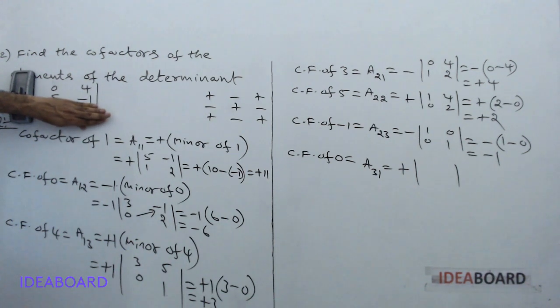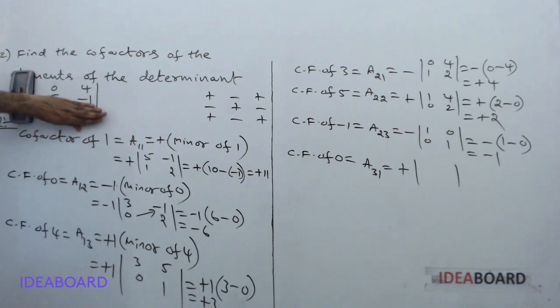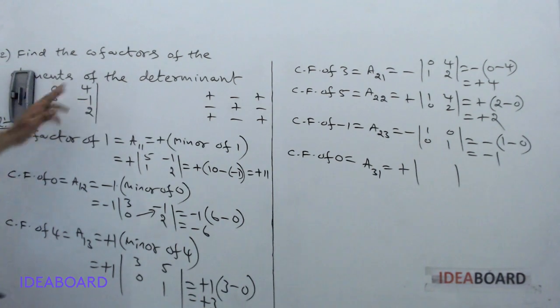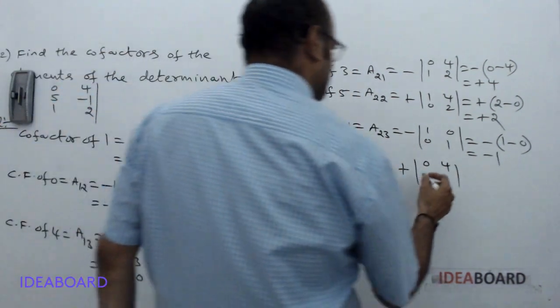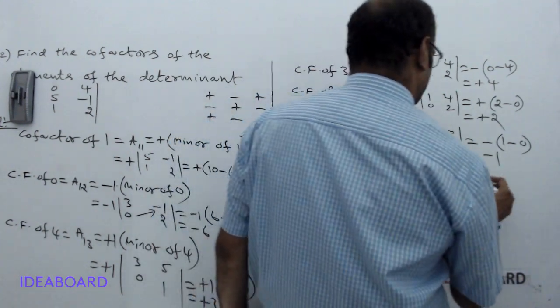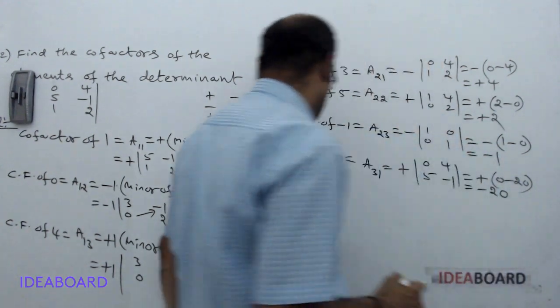So remove that third row and first column. So the remaining elements are 0, 4, 5, minus 1, so it implies plus 0 minus 20, minus 20.